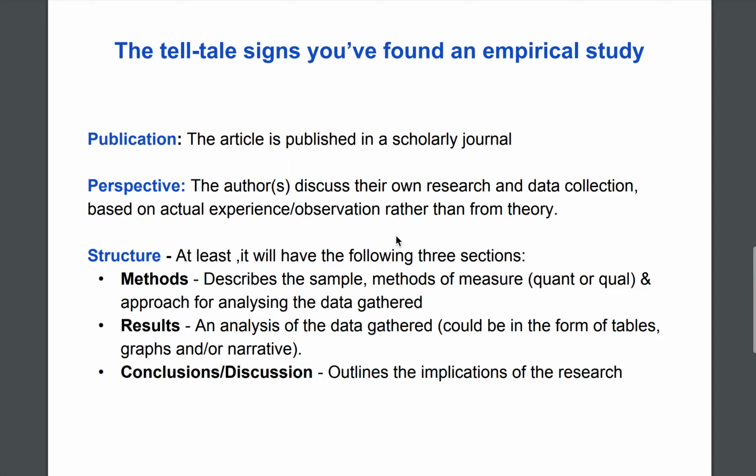These articles will have at least a method section describing how they gathered their data and analyzed it, a results section where they talk about the analysis of the data gathered, and a conclusion or discussion section that outlines the implication of their research.